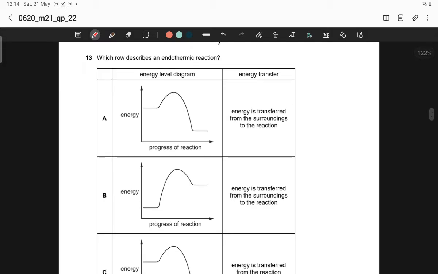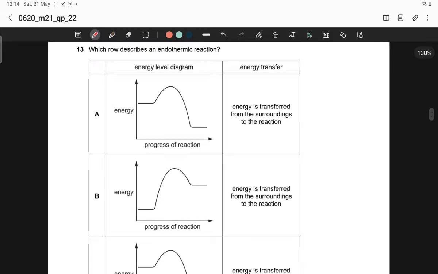Which row describes an endothermic reaction? Endothermic reaction. This is reactant and this is product. Energy level diagram, energy transfer. Energy is transferred from the surrounding to the reaction. No, energy is released to the surrounding.